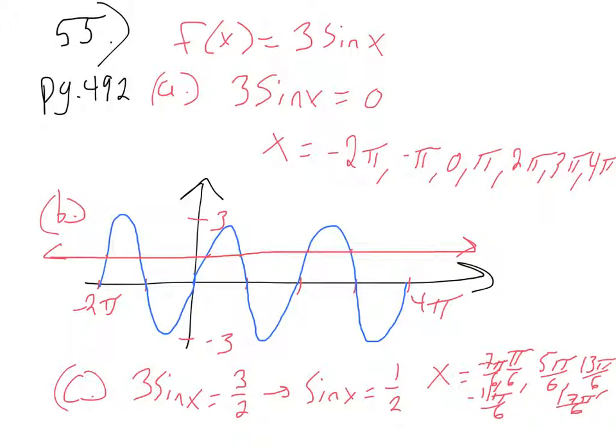So those are these two intersection points right here. So negative 7 pi over 6 and negative 11 pi over 6. All right, so those are the 6 solutions to that equation. So those points occur here, here, here, here, here, here. So graphically, that's what's going on. Algebraically, that's how we solve it.